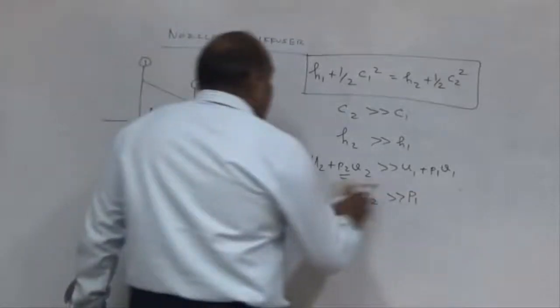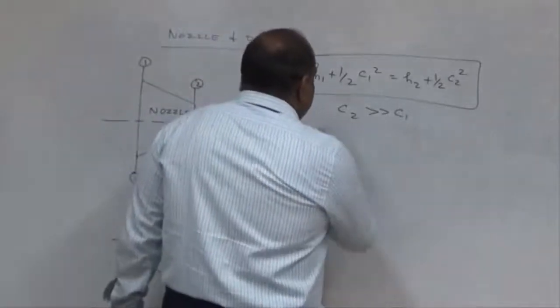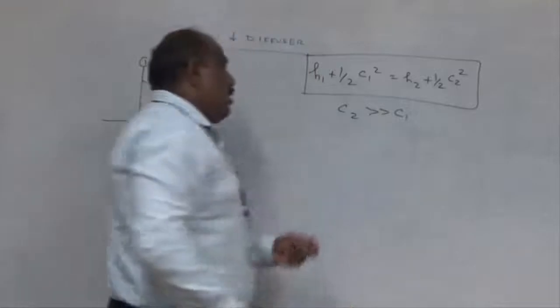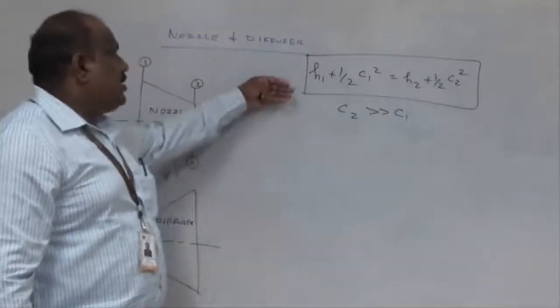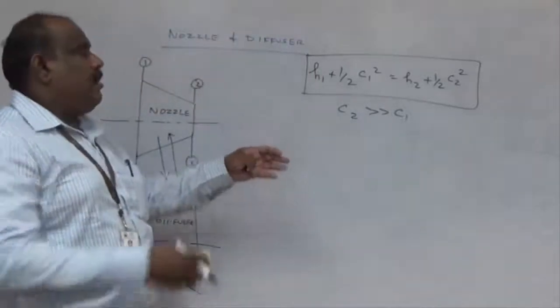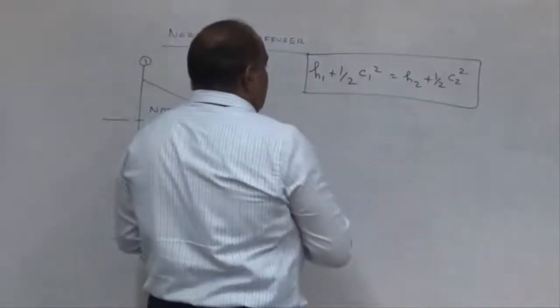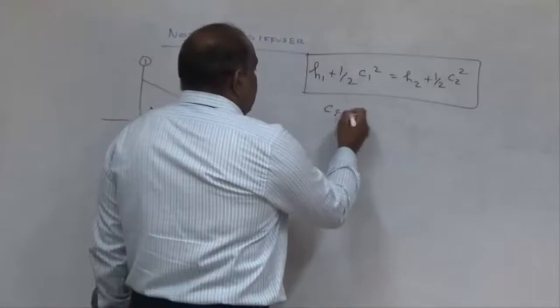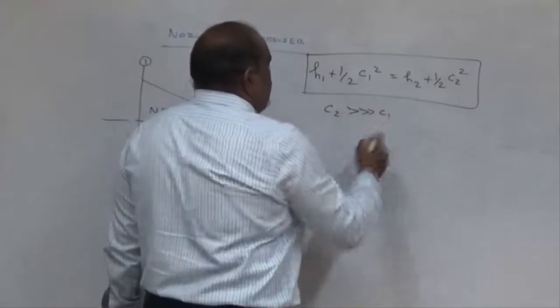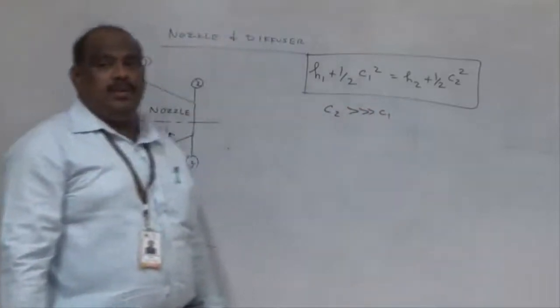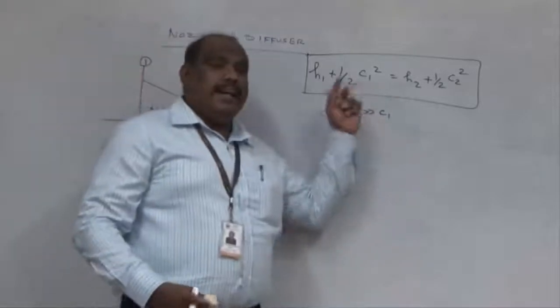Okay, very good. Now let us move to the nozzle. So you know how to derive the steady flow equation for the nozzle and diffuser and how the terms have been interpreted. Compared to the value of C2, the value of C1 is generally negligible.